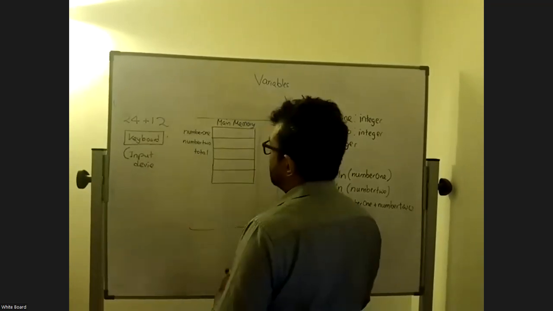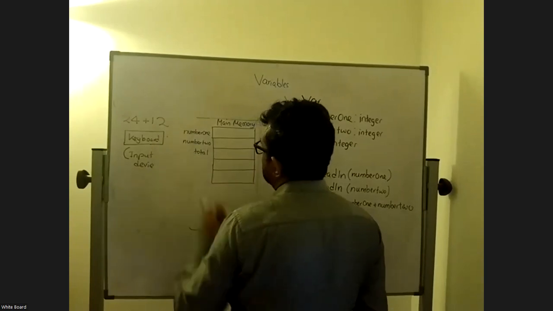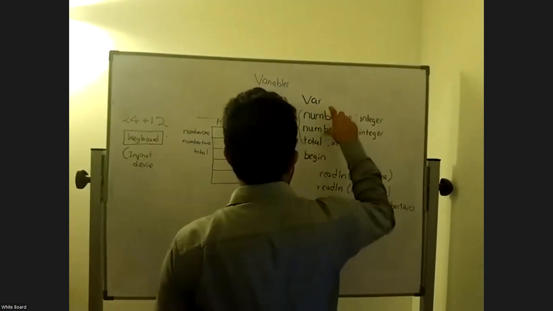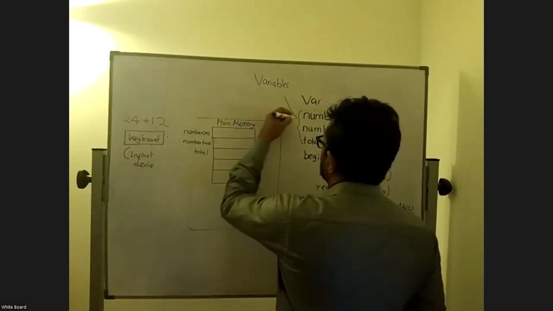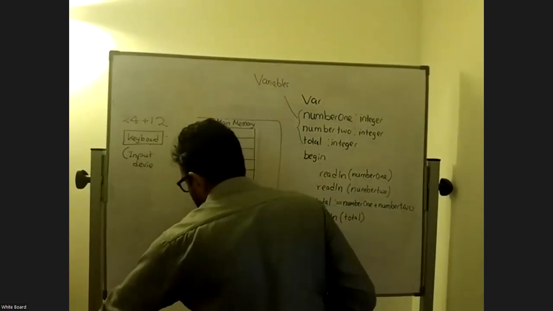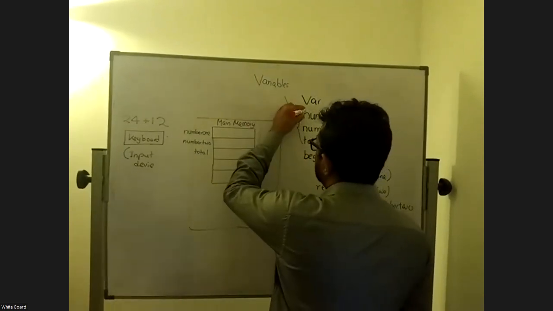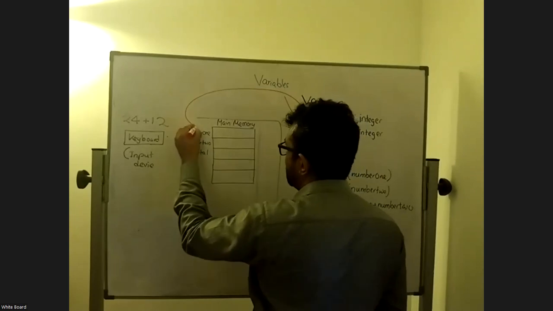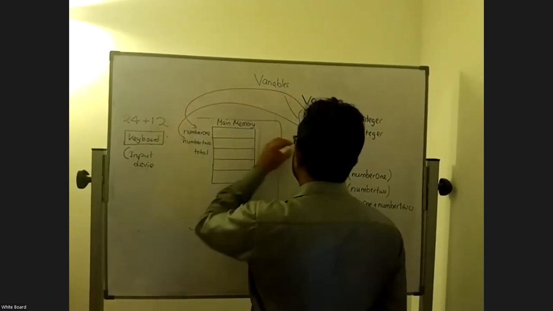ICT for A levels. Right now you can see number 1, number 2, total. When this is allocated, these locations in the memory are allocated. So for this location, this is allocated. For this one is allocated.